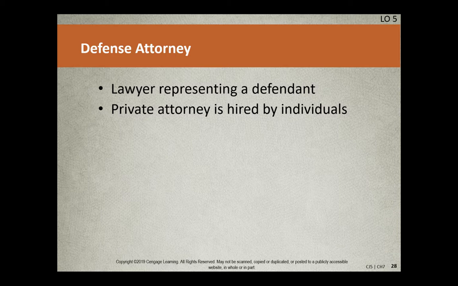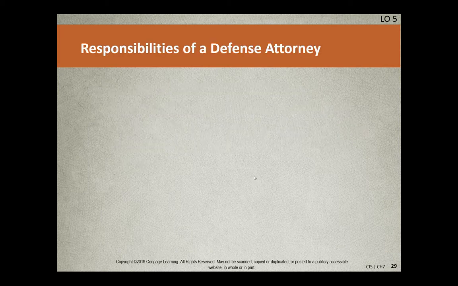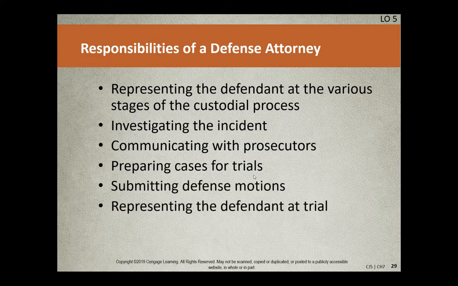So acting as this advocate for the client, the defense attorney is ensuring that the government is proving every point against the client, and that's going to be proved beyond a reasonable doubt, even if the case does not go to trial. And so they can have a number of responsibilities. They can be doing the investigation.